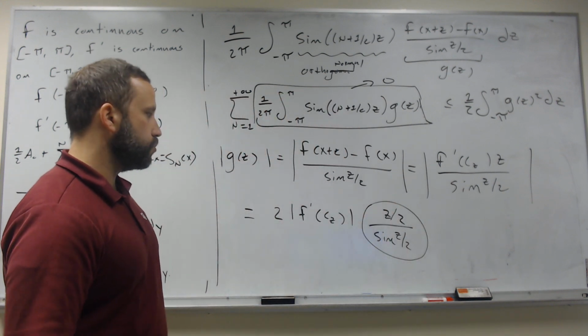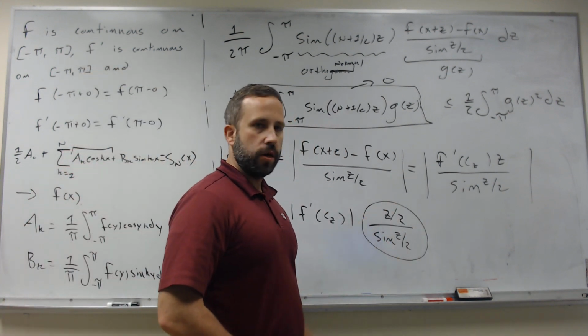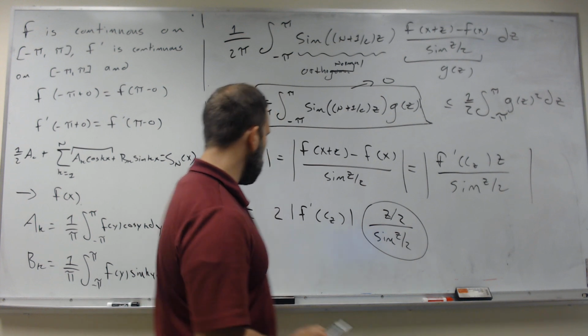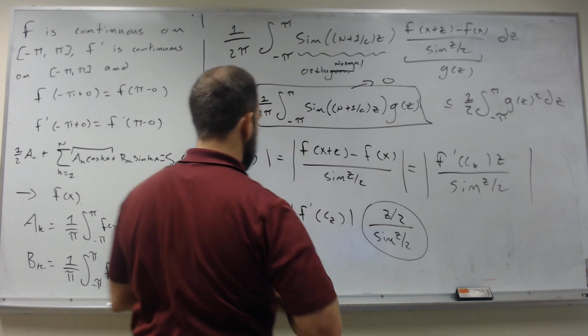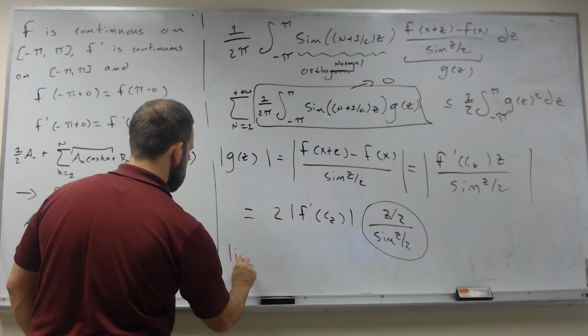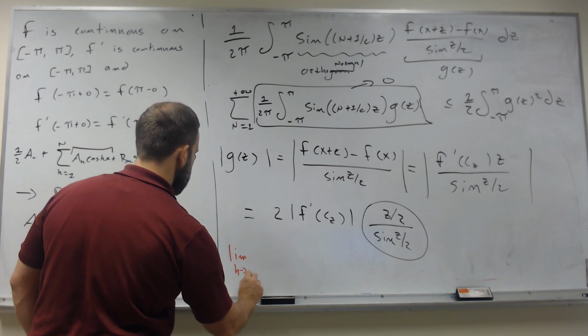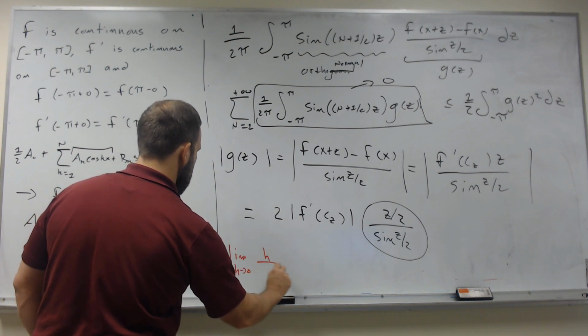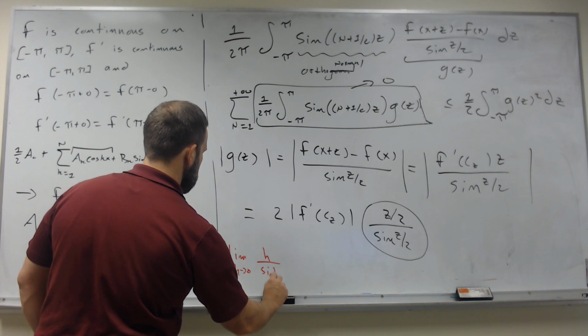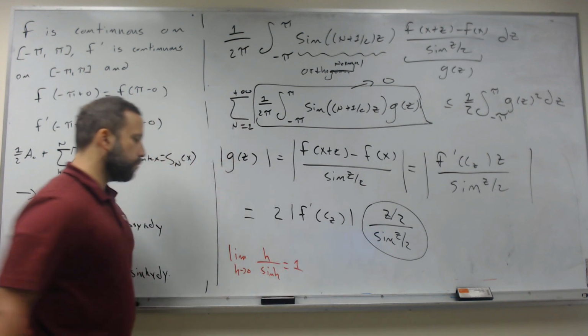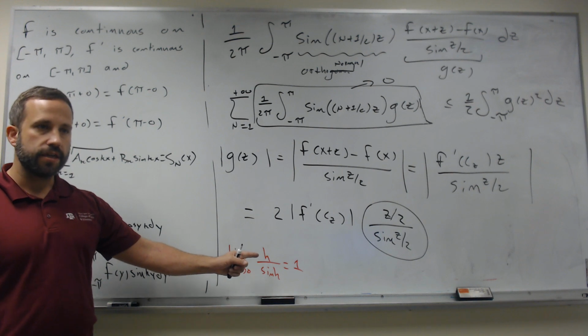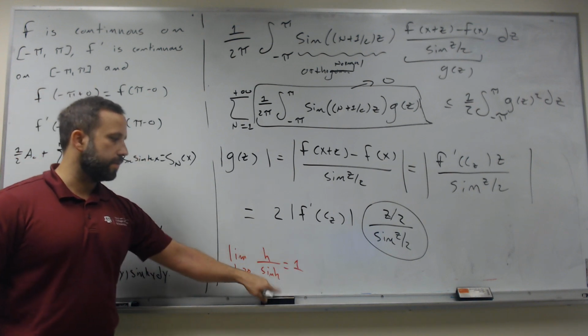In fact, the only place where there could be a problem is when z is equal to 0. But you learned in your Calc 1 class that the limit as h goes to 0 of h over sine h is equal to 1. You probably actually learned sine h over h, but since the limit is equal to 1, you can flip it like this.